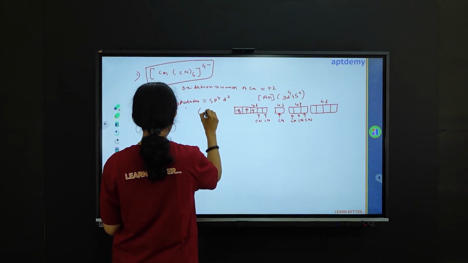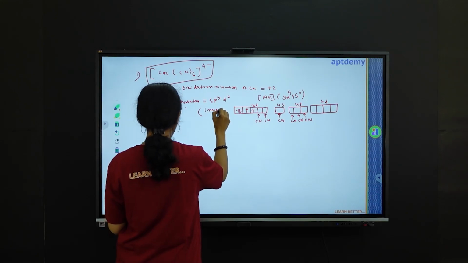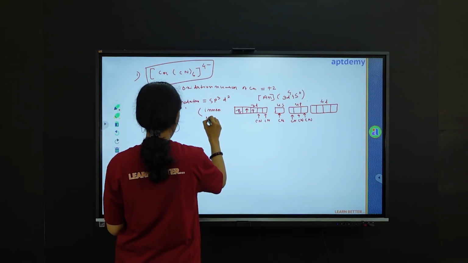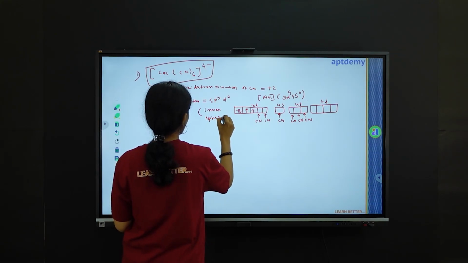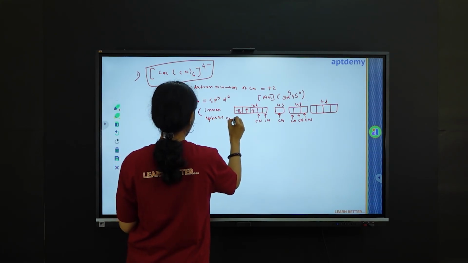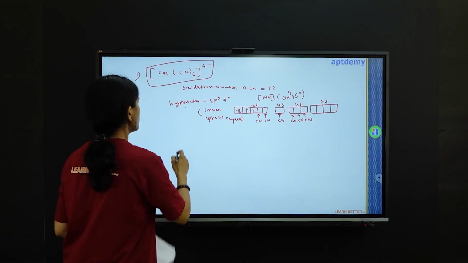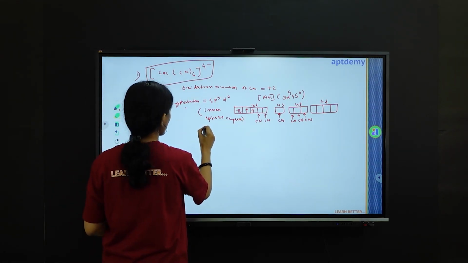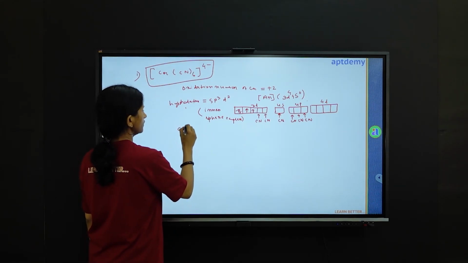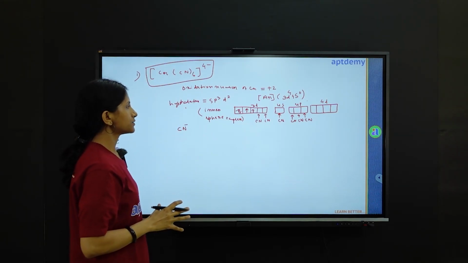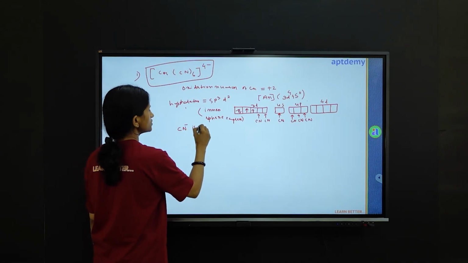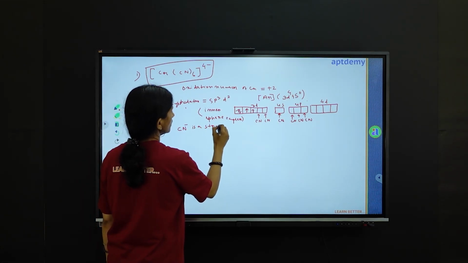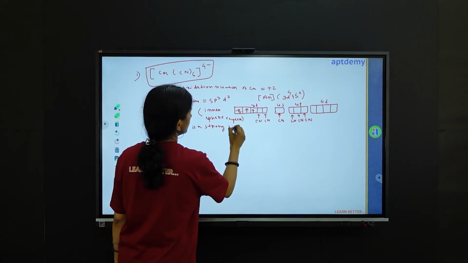That represents that this is an inner sphere complex, because of the fact that CN- is a strong ligand. So this belongs to the inner sphere complex category because CN- is a strong ligand, right?